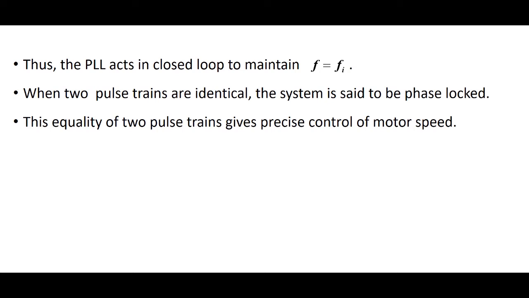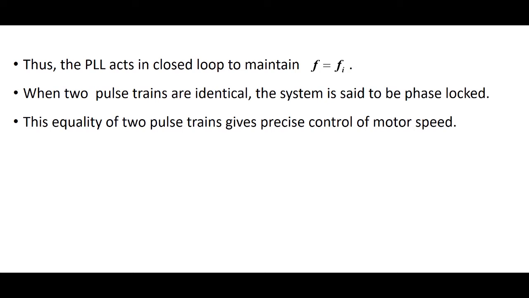When two pulse trains are identical, the system is said to be phase locked. This equality of two pulse trains gives precise control of motor speed. Any error is when the output speed is different from the reference speed. The output speed is encoded to an output pulse train, and the reference speed is also encoded to a pulse train.